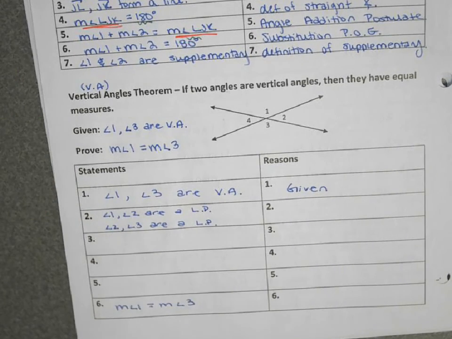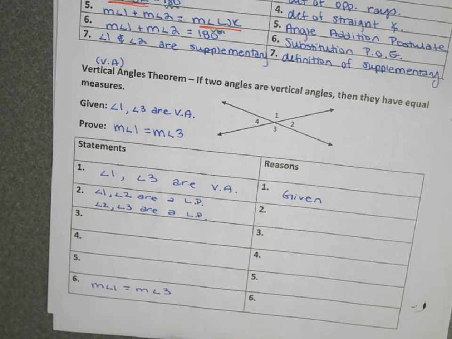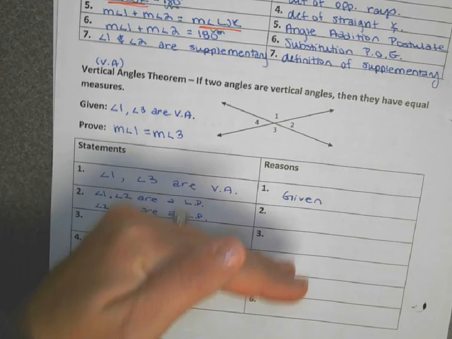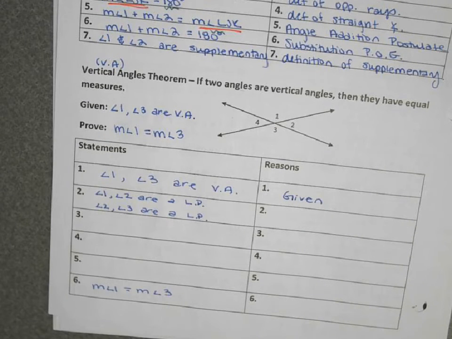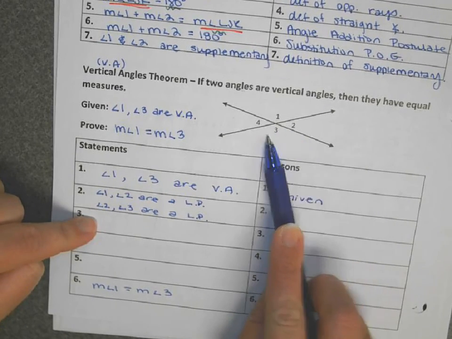And you may recognize this because we actually talked about the vertical angles theorem back in Unit 1. We did talk briefly about it. We did not discuss it as the vertical angles theorem, but we did discuss that vertical angles were congruent. Now we're going to have reasoning behind it. We discussed this proof in verbal conversation of how it works. 1 and 2 are a linear pair, and 2 and 3 are a linear pair.